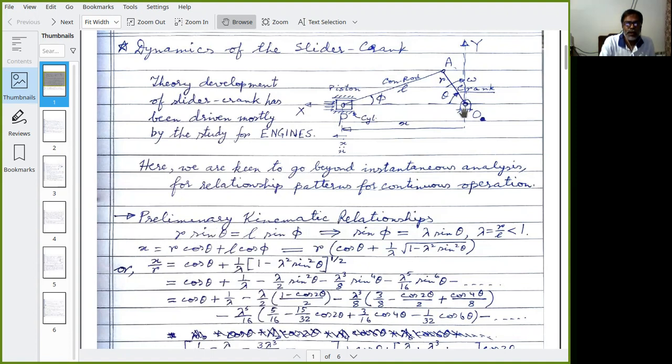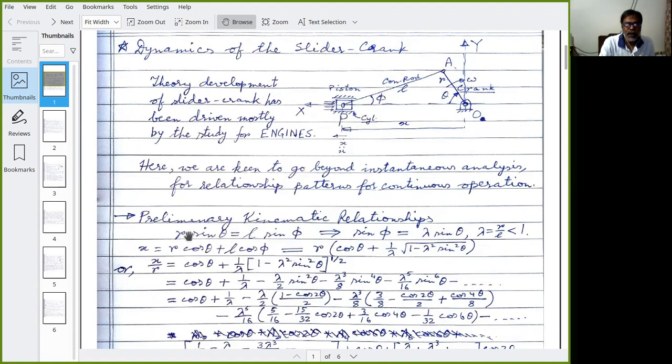So here we can see very clearly that r sin theta, the perpendicular distance of A from this line of the slider, is r sin theta, and that is equal to L sin phi. So that relates this angle of the connecting rod with this line, and this angle, the current angle of the crank. And from here, sin phi we can represent in terms of theta.